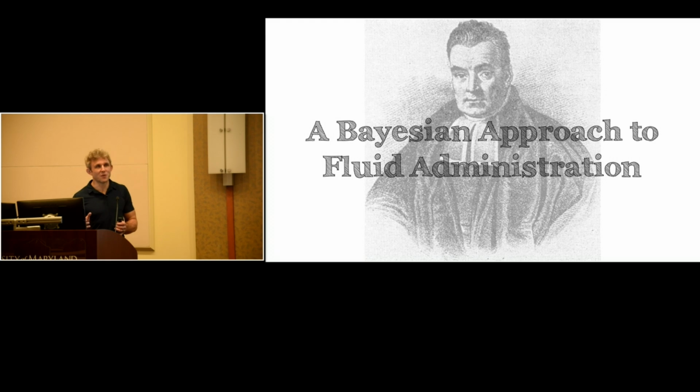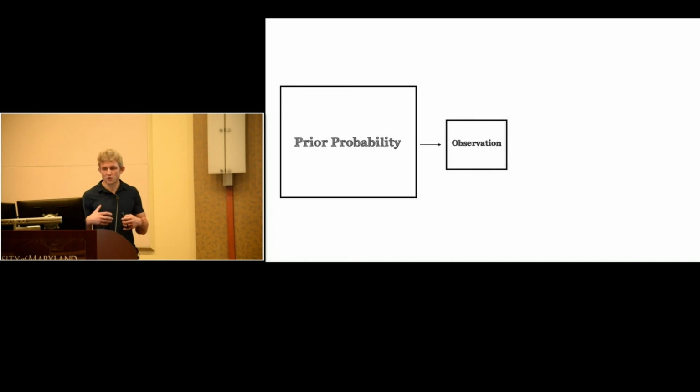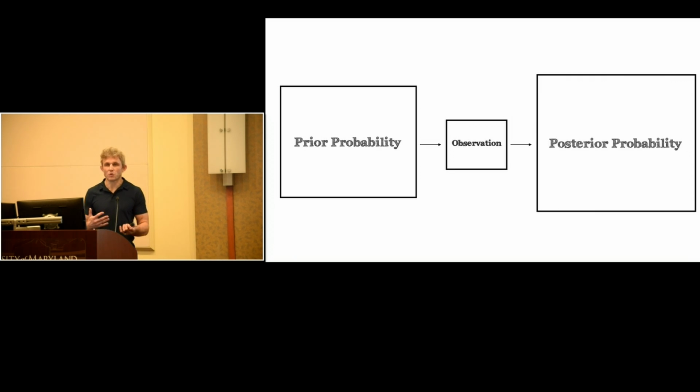Do you guys know who Bayes is? So Bayes essentially was a minister that came up with a way to statistically analyze things. But essentially, he had a concept that you're making an observation, you have a prior probability of that observation being true. The observation you make has certain strengths and weaknesses that shift that probability to a posterior probability of whatever you saw being true, right?